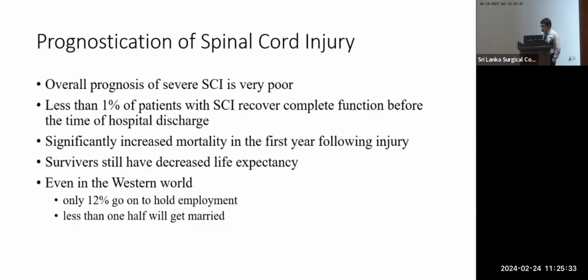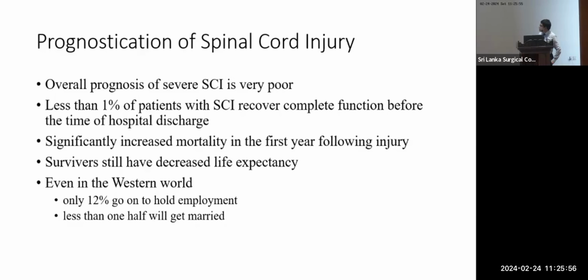So finally, what are the prognostic factors of spinal cord injury? If you talk about prognosis of spinal cord injury, the sad truth is this: overall prognosis is quite poor. It's very poor in severe spinal cord injury.